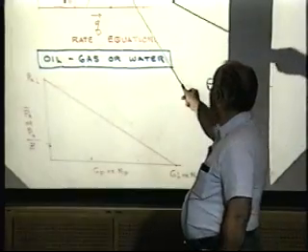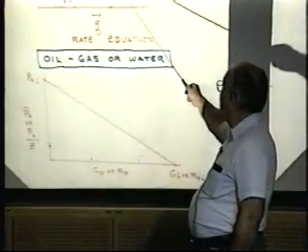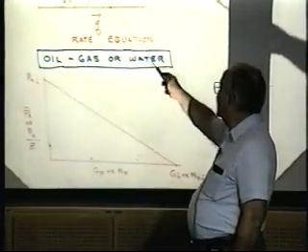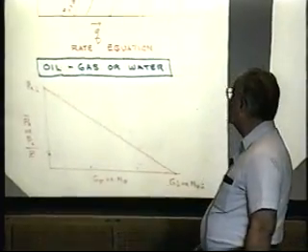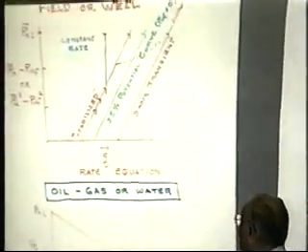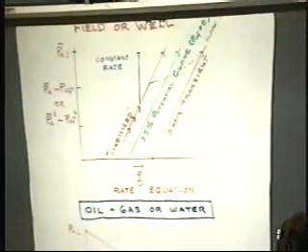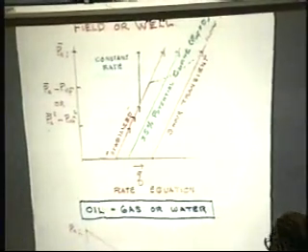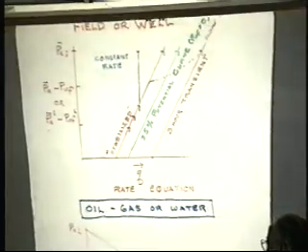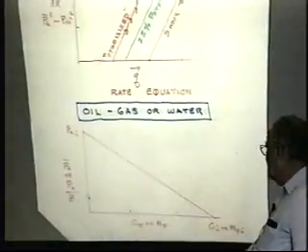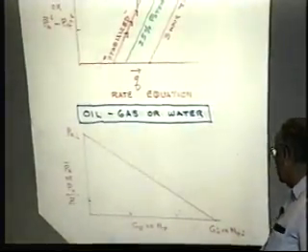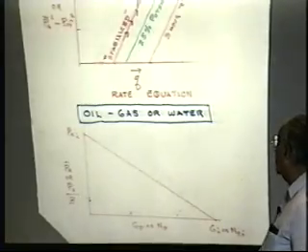One is the back pressure curve equation that is shown here, either in terms of a delta P or a delta P squared versus Q. The other is the rate equation, and your material balance, which is either pressure versus Q or P over Z versus Q for either oil or gas.